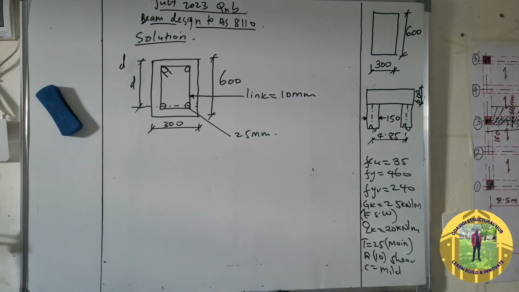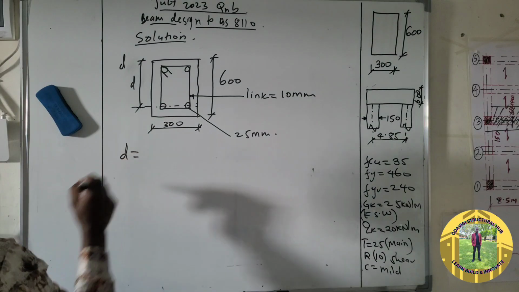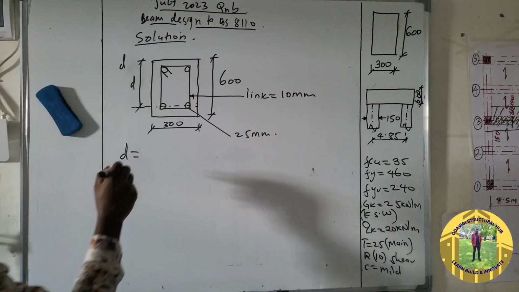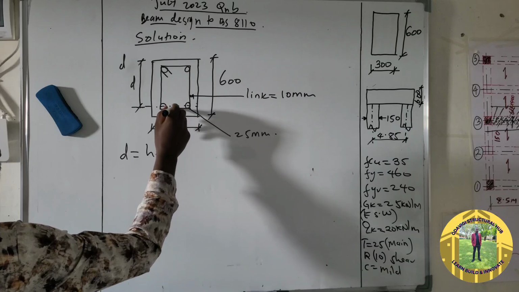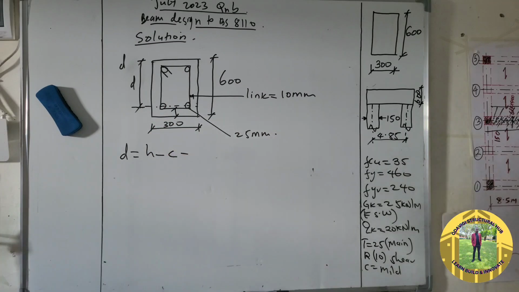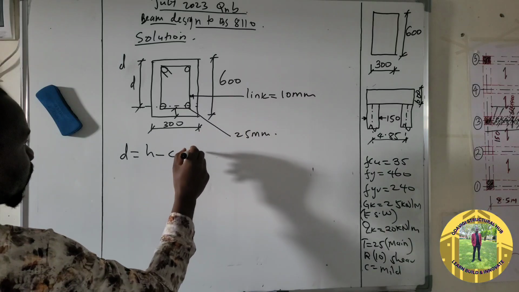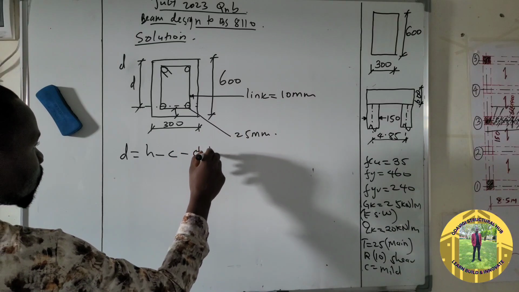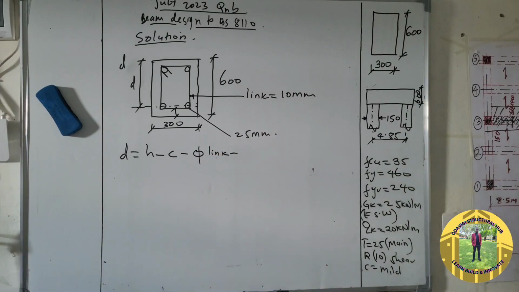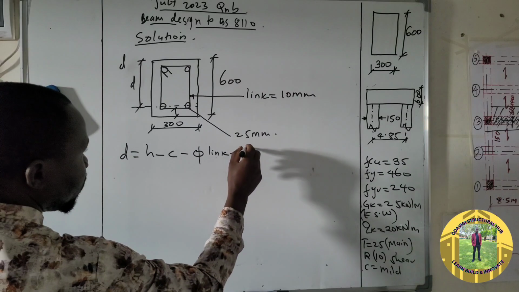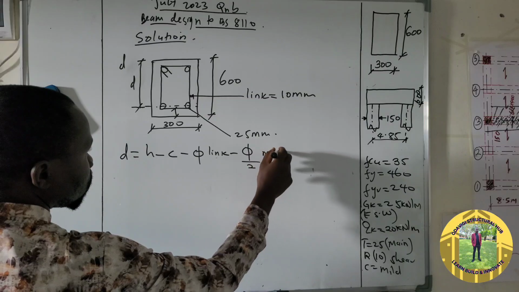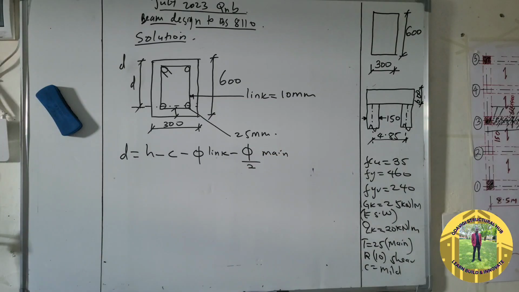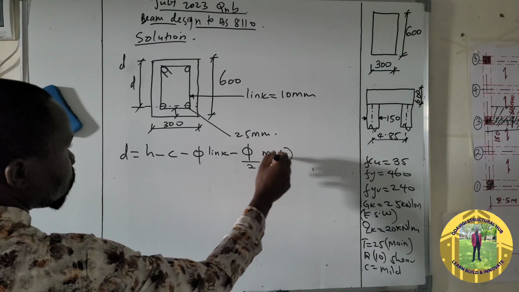So to calculate D, D is equal to H minus cover, and this is the cover, minus the diameter of the link, minus the main steel diameter divided by 2.